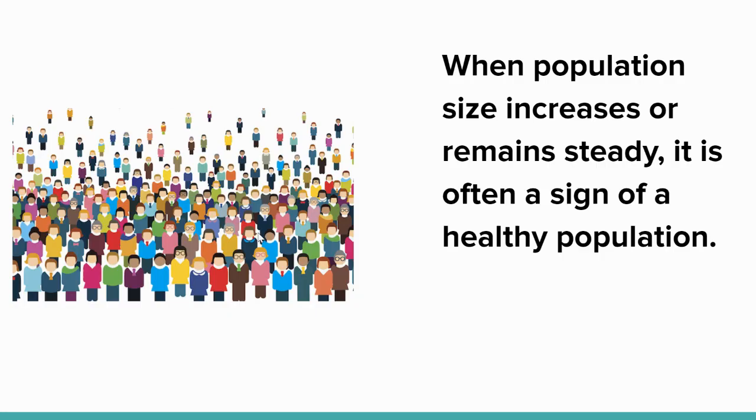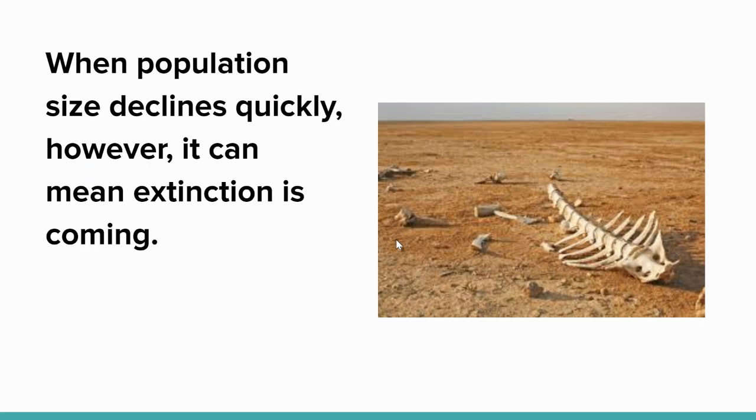So increase, decrease, or even remain the same. When population size increases or remains steady, it is often a sign of a healthy population. When population sizes decrease quickly, however, it can mean extinction is coming.